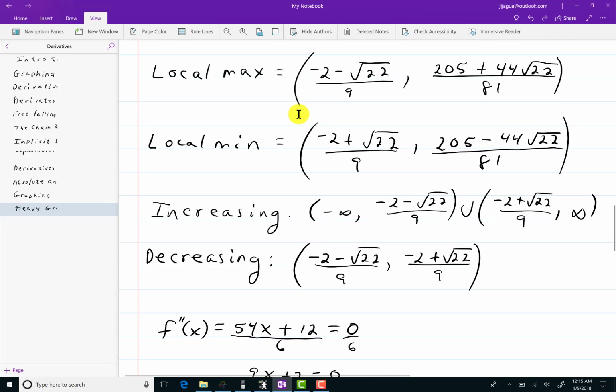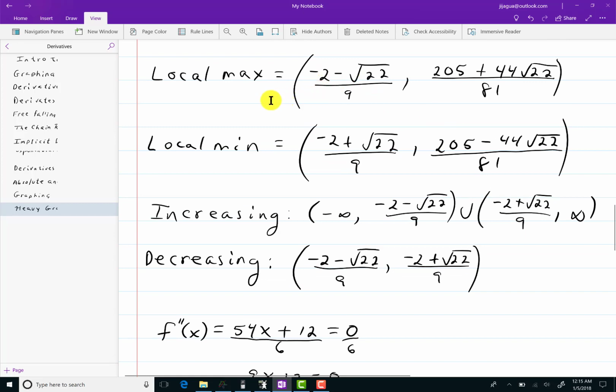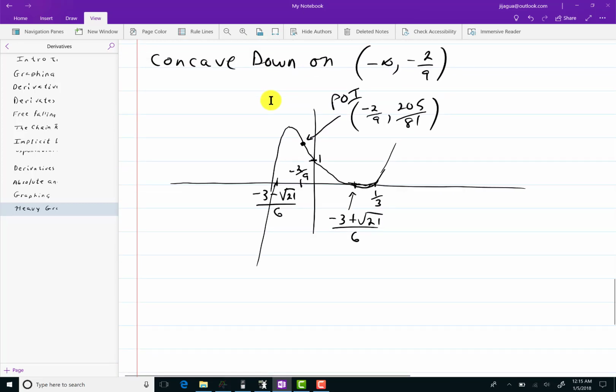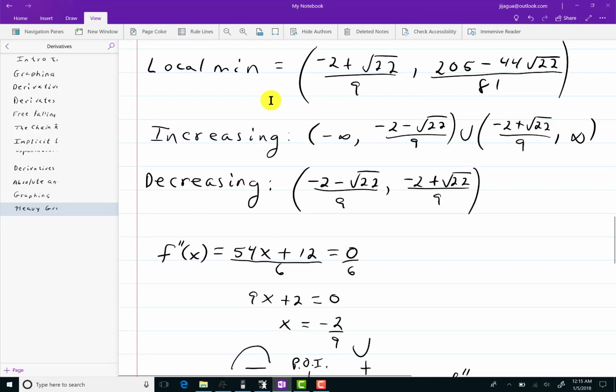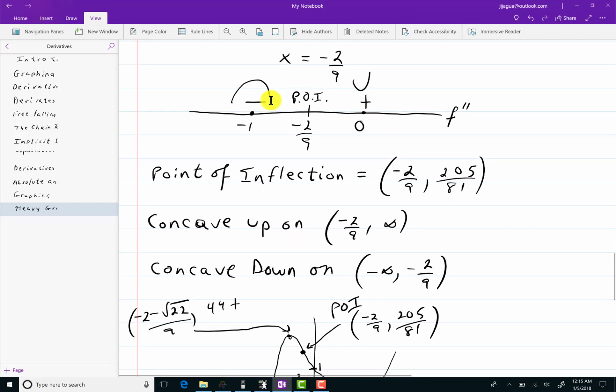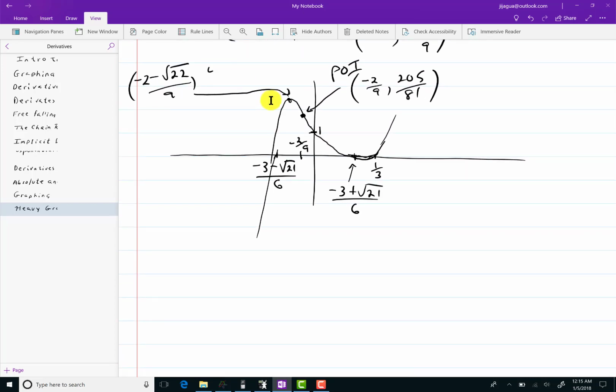The local max was -2 minus radical 22/9. And the y value, if I'm not mistaken, was 44 plus, I'm not remembering, 205 plus 44 radical 22 over 81.